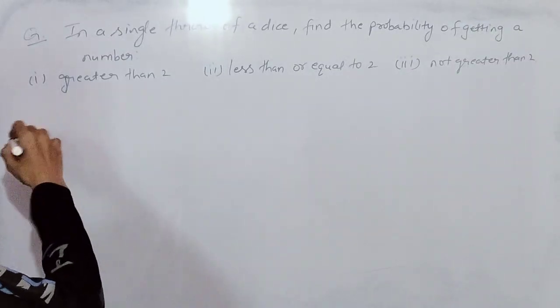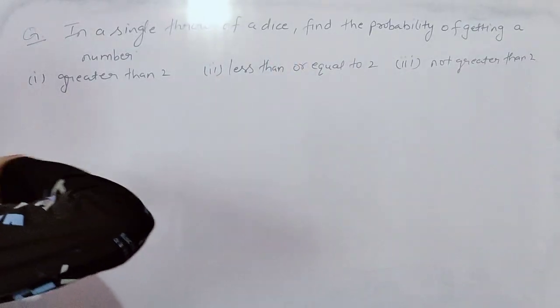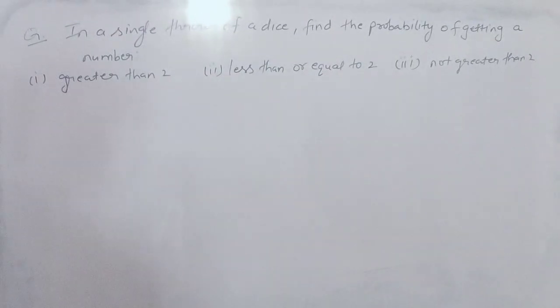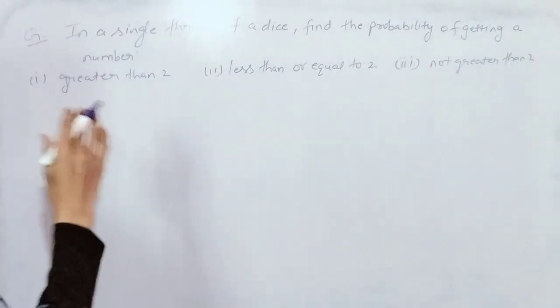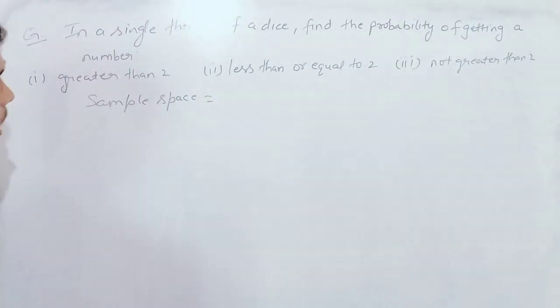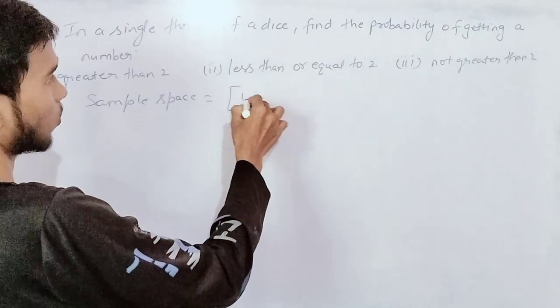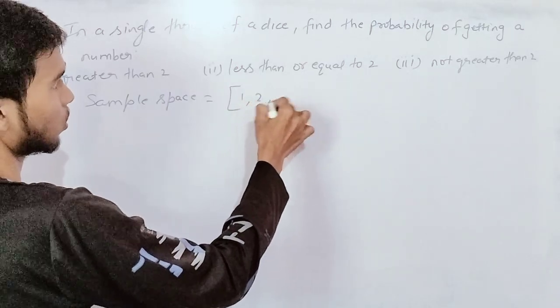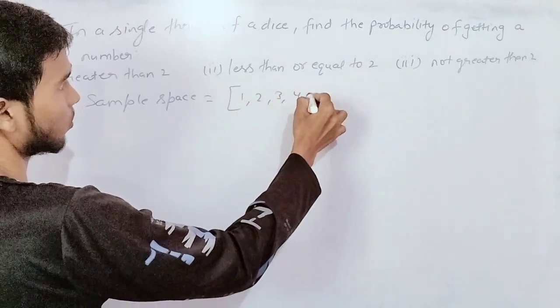When a dice is thrown only one time, then the sample space of a dice would be what? You can say 1, 2, 3, 4, 5, 6.